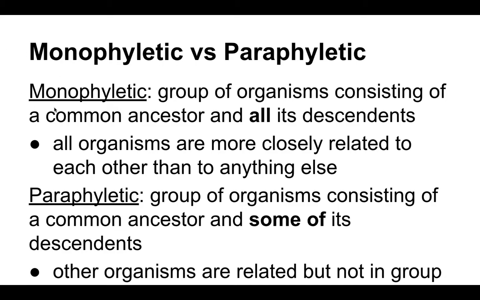So a monophyletic group is just a group where we know that genetically they are all most closely related to each other. So it can be something huge like animals, or it can be something like medium scale. It could be all mammals are more closely related than we are to other animals.